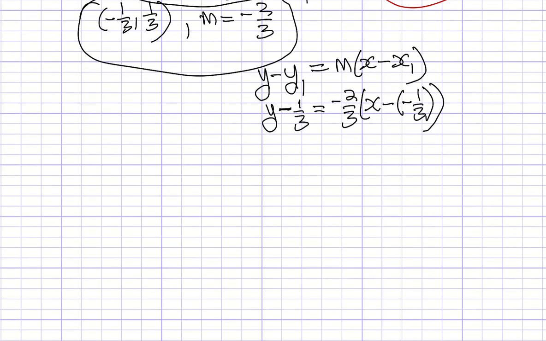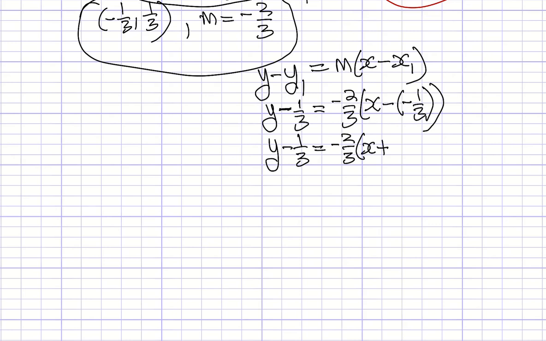So we'll have to simplify this thing. We get y minus 1 over 3 equals, let me see, we've got to take care of the inside of the bracket first.